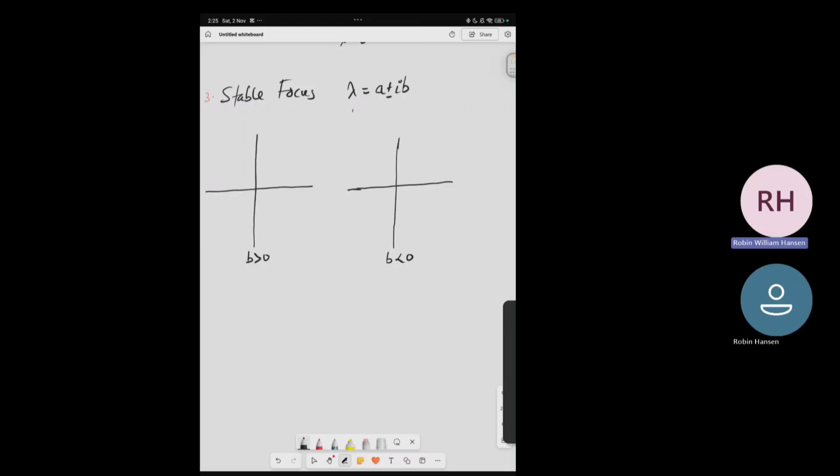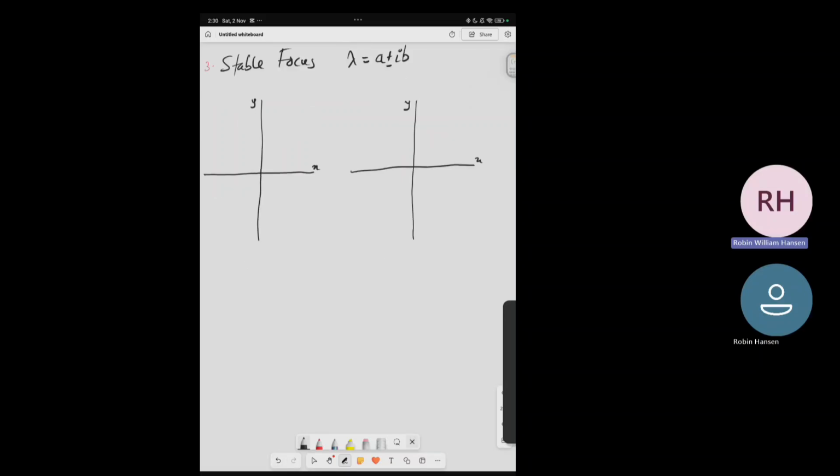That means we are taking lambda to be equal to A plus IB here. And here we're taking lambda to be equal to A minus IB here. Generally, we take A plus IB. We always take B to be positive. We rarely take B to be negative. So be mindful of that.